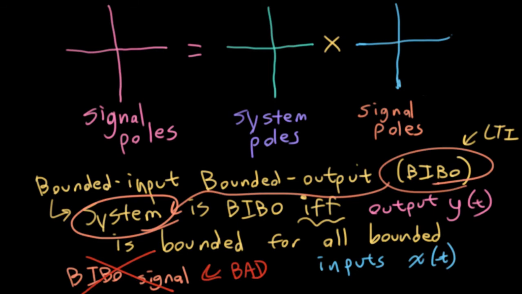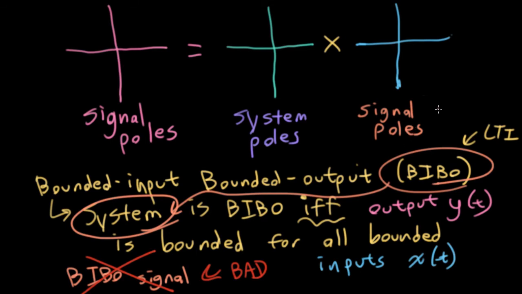There's no such thing as a BIBO signal because there's no concept of a BIBO signal. BIBO is a concept that applies to systems. The input X is not BIBO because X is a signal going in. It's not a system. The output Y is not BIBO because it is a signal, not a system.